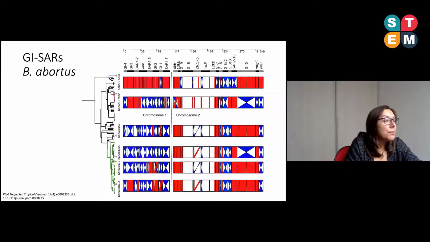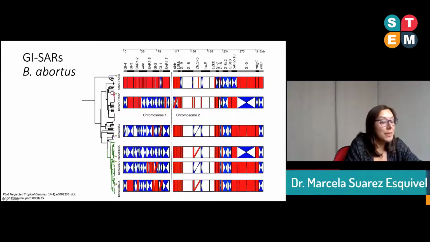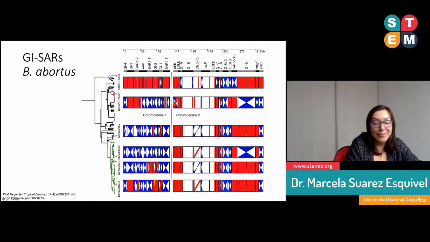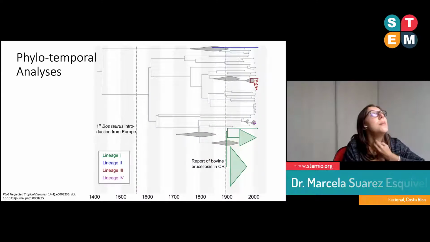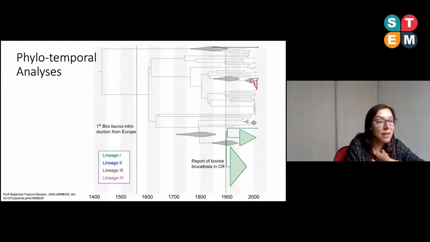We have this kind of supportive results also with the genomic island distribution, and similar with the IS711 analysis. And the small amount of difference was enough to perform a phylotemporal analysis to define an approximate date of introduction of the clades in Costa Rica.